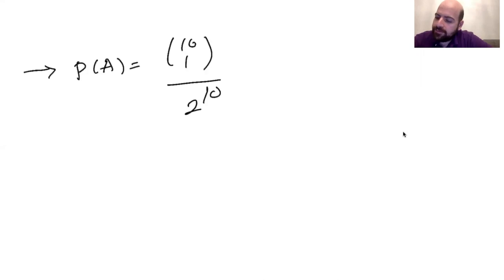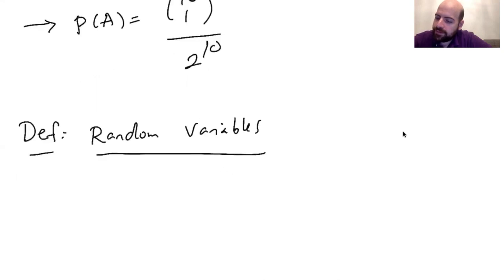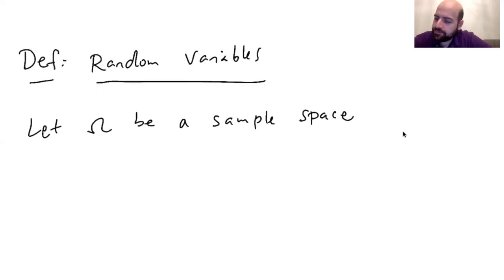Okay. Now the next definition, random variables. Let omega be a sample space.